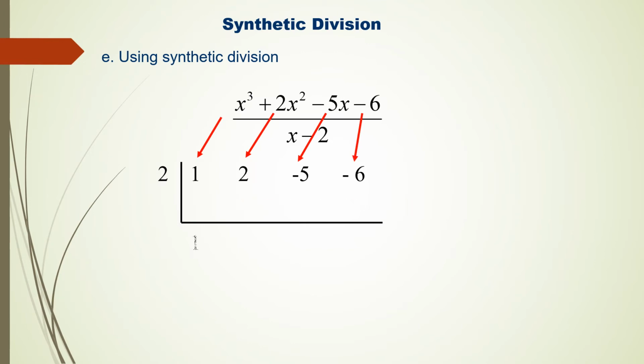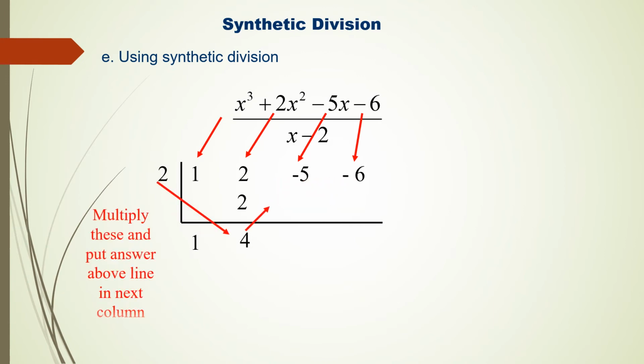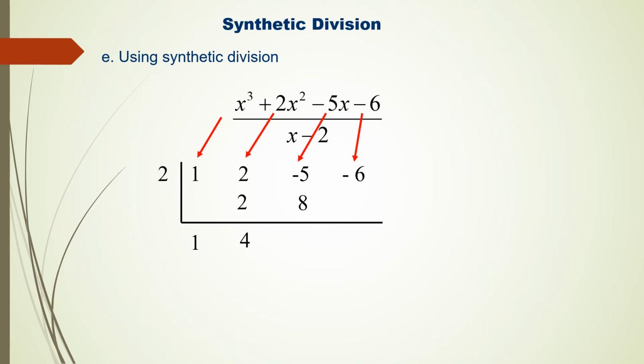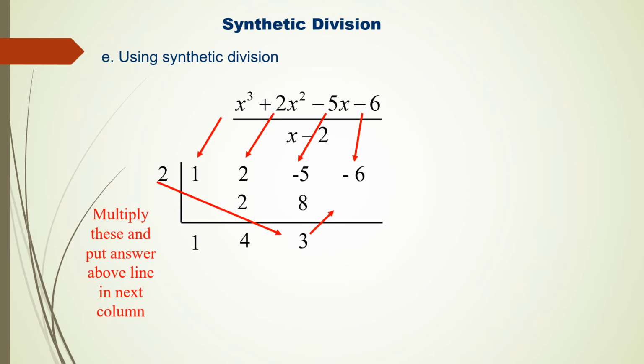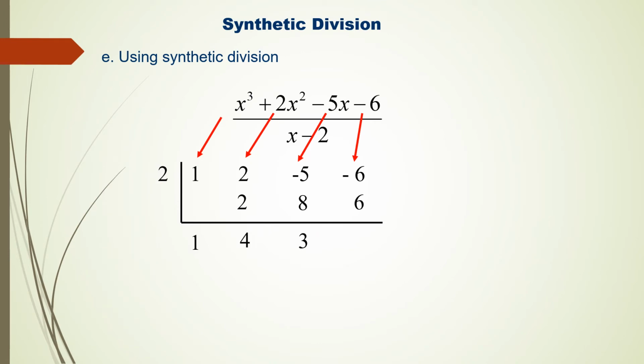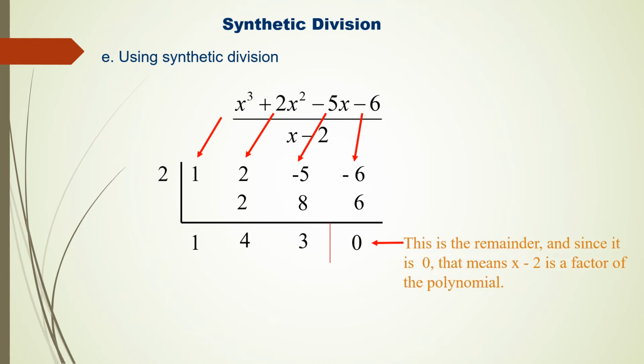Bring down 1, times 2 is 2, plus 2 is 4, times 2 is 8, minus 5 is negative 3, positive 3, times 2 is 6, minus 6 equals another 0. Okay, so tama na naman tayo. So, the remainder is 0. It means that x minus 2 is a factor. So, meron na tayong dalawa: x plus 1, x minus 2.